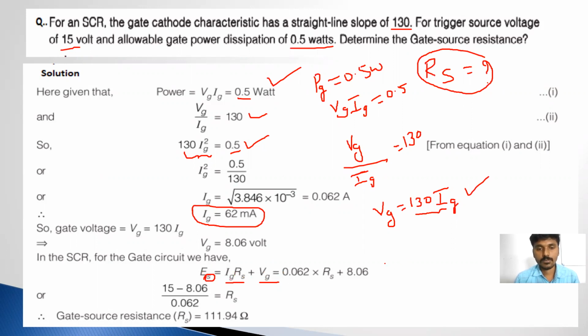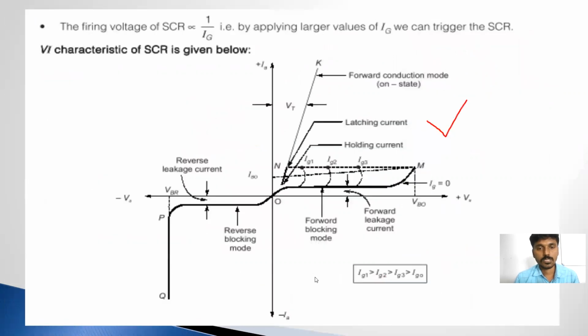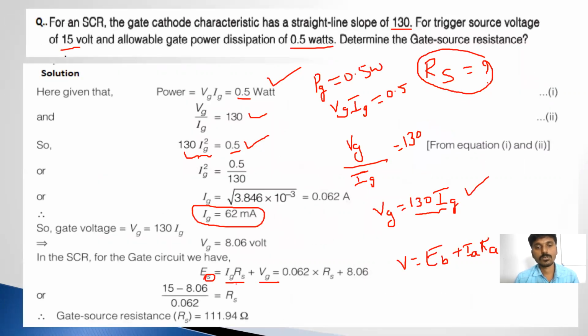For example, the basic equation for a DC motor is V is equal to EB plus IA RA. In the same way, by applying KVL for this loop, the supply voltage is equal to the voltage drop across the resistance, IG Rs, plus VG.